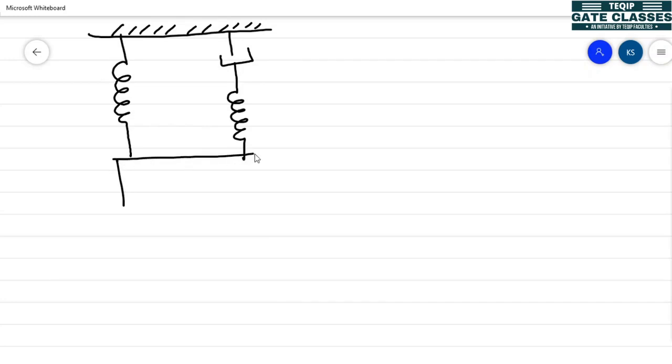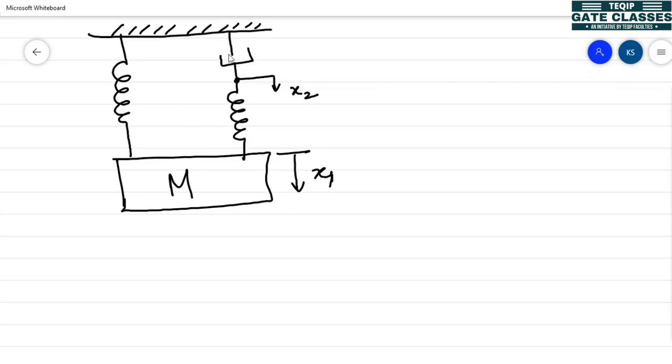So there are two springs, one damper, and a mass block M. A displacement of x1 will occur in the mass M block here, and at this point you can see a displacement of x2.